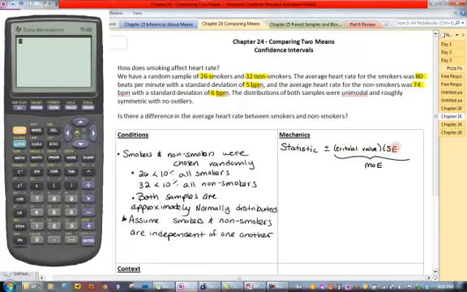All that changes is how we get our critical value and what our standard error is. So in this case, our statistic is the difference between our two sample means: the mean heart rate of the smokers and the mean heart rate of the non-smokers. That's our statistic.